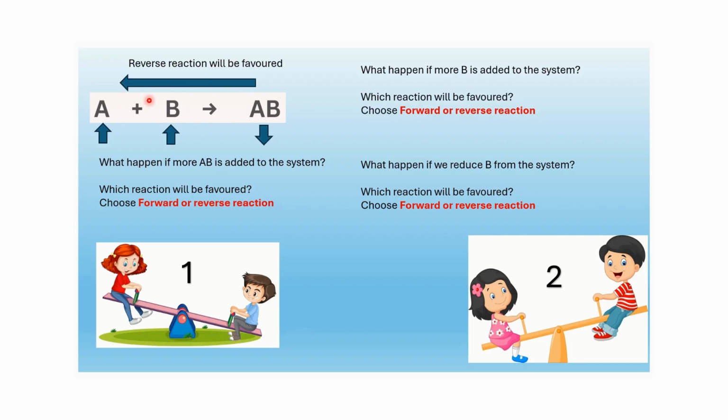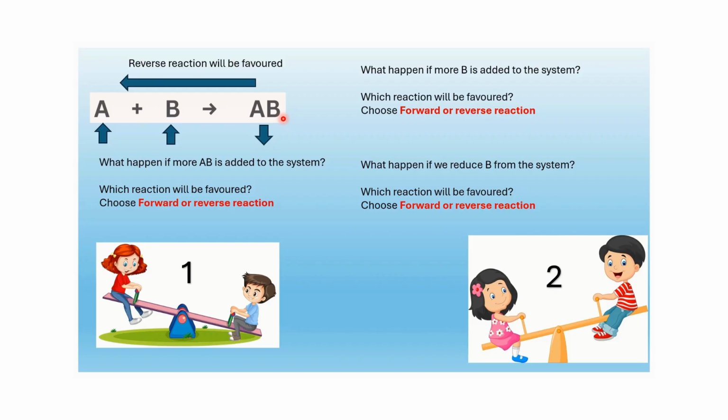When we favor the reverse reaction, B must go up, A must go up, whereas AB must go down. It simply means that by disturbing the equilibrium system by removing some of B, we are favoring the reverse reaction, and as such, A must increase, B must increase, whereas AB must decrease.